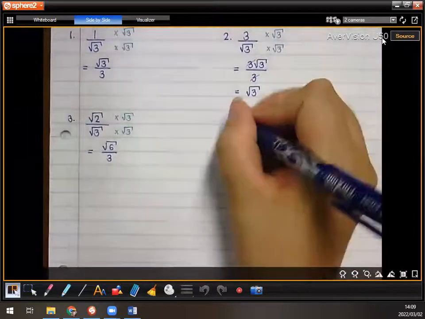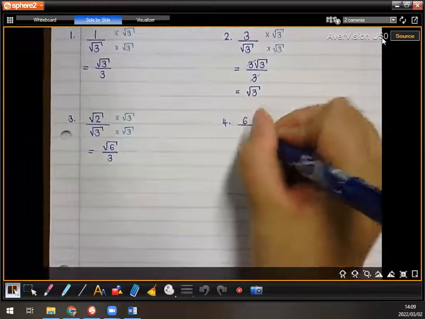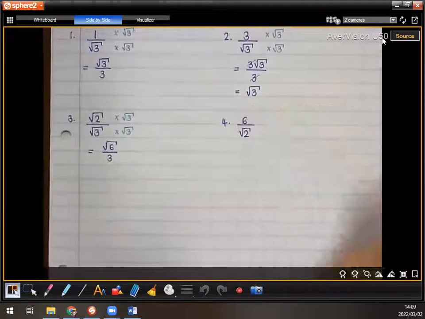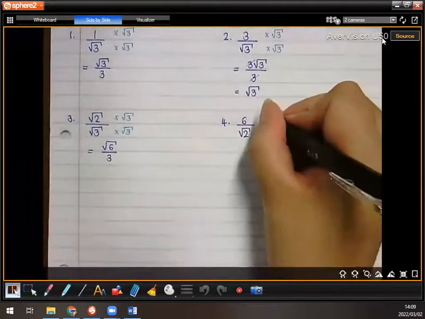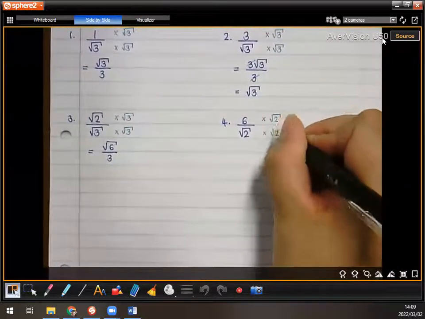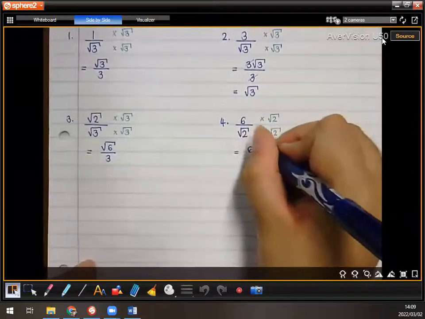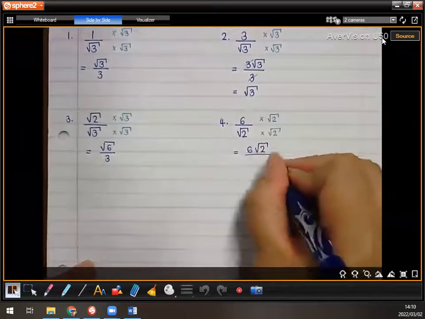So number 4 was 6 over root 2. So now you times the top and the bottom by root 2. You get 6 root 2 over 2.